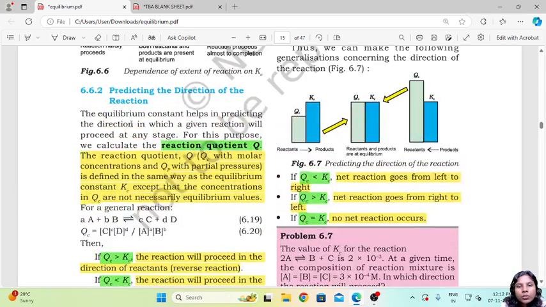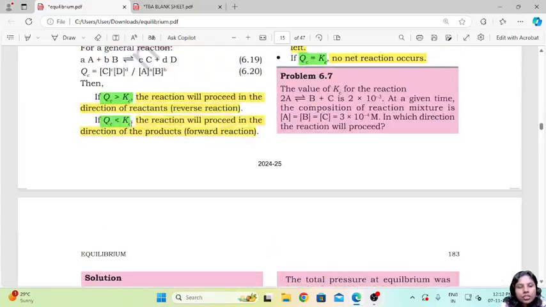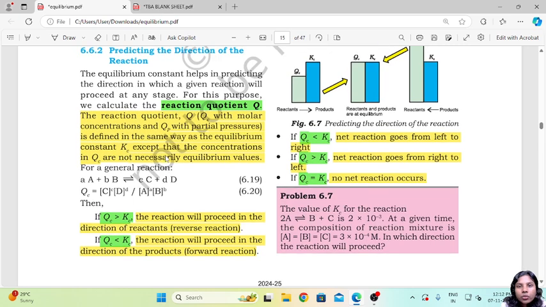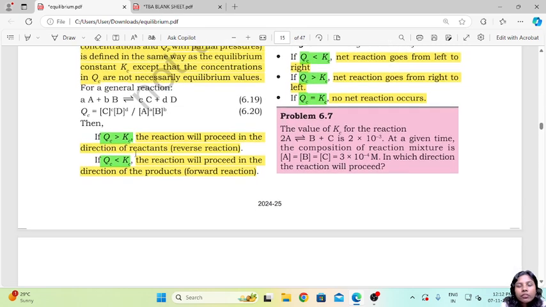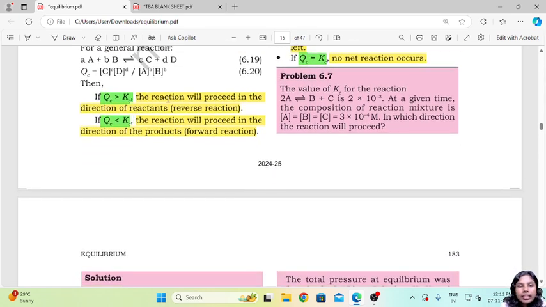Now over here also we are making some generalizations. We have three generalizations. First, if Qc is greater than Kc, then the reaction will proceed in the direction of the reactants, that is the reverse or backward reaction, okay.